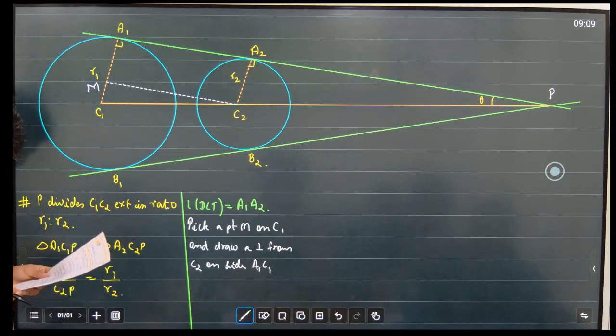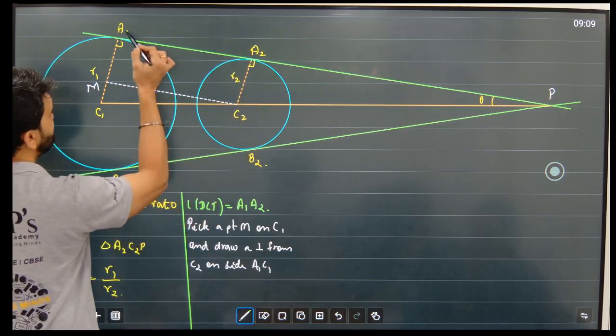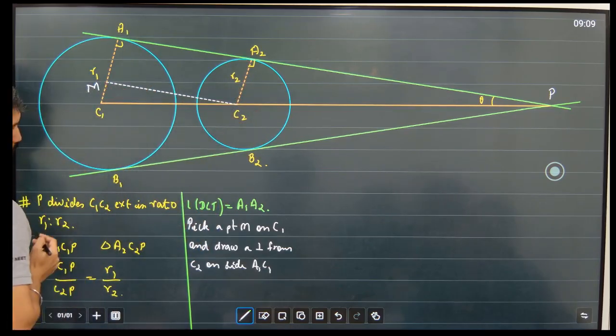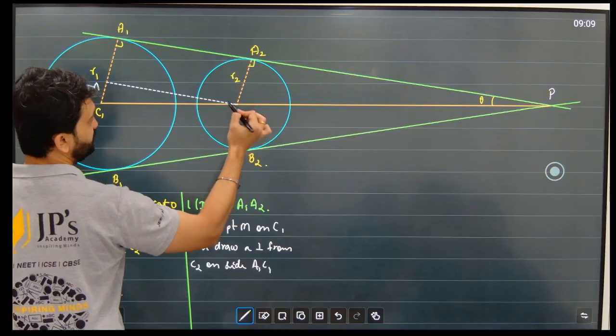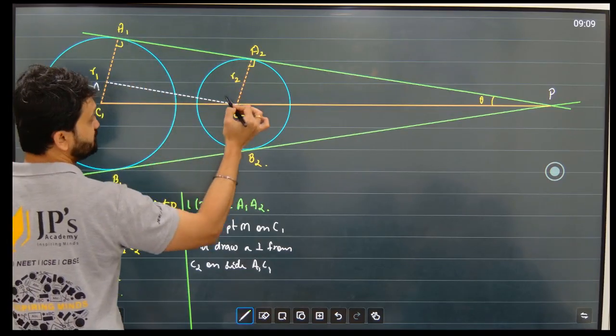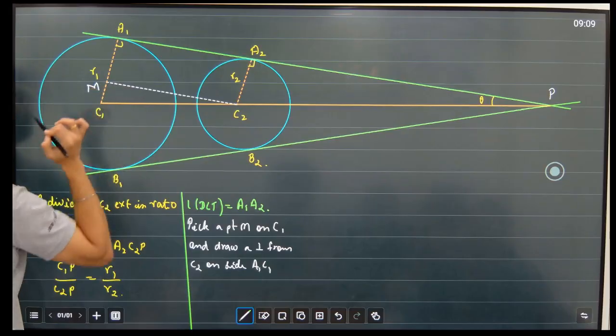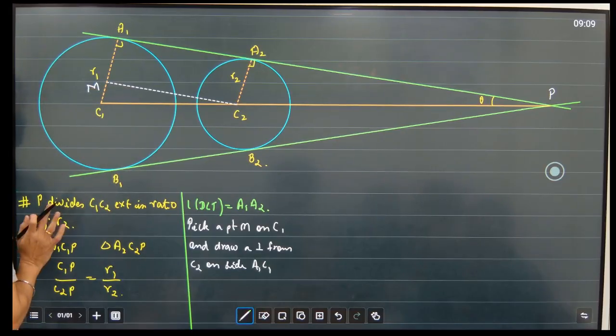Now if I ask you कि A2 C2 is parallel to A1 M, is this correct? A2 C2 is parallel to A1 M. So if A2 C2 is R2, can you tell me what is A1 M? R2.